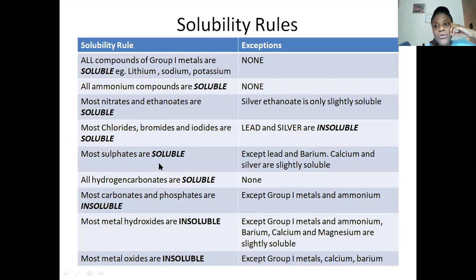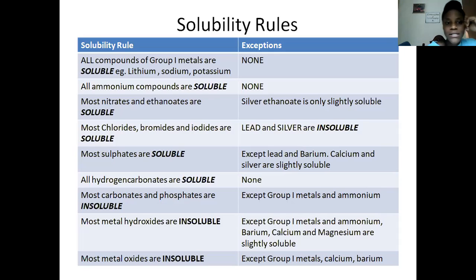And then, do you remember the solubility rules? We went over this. SPA, what does SPA stand for? You remember that acronym I taught you? Sodium, potassium and ammonium. All of those are soluble salts. And we learned that most chlorides are soluble except for lead and silver.